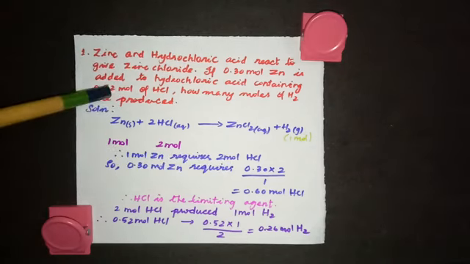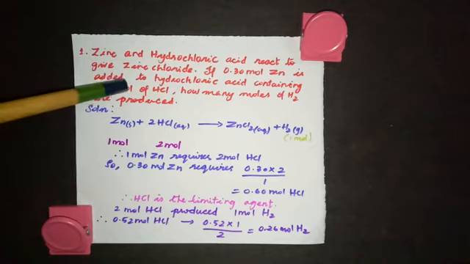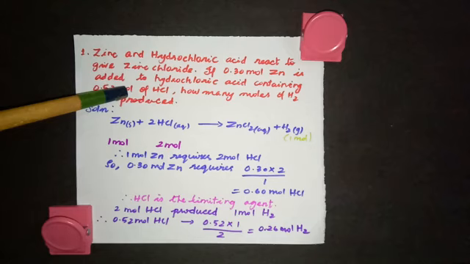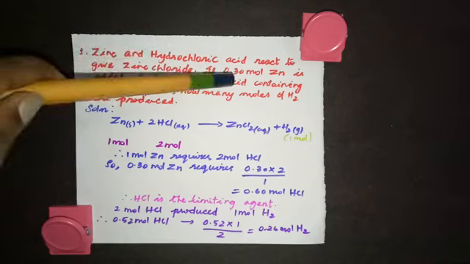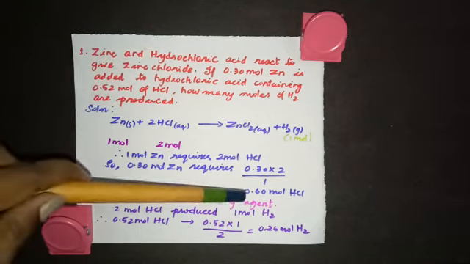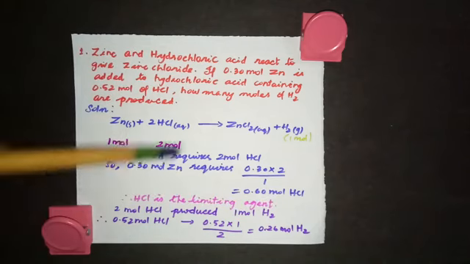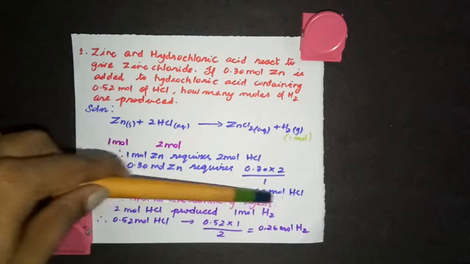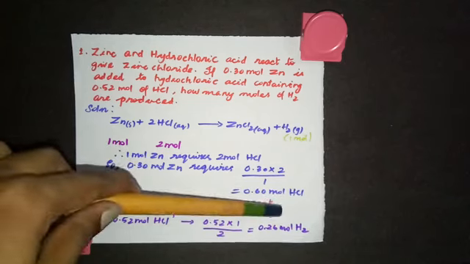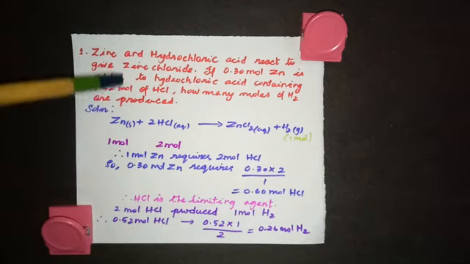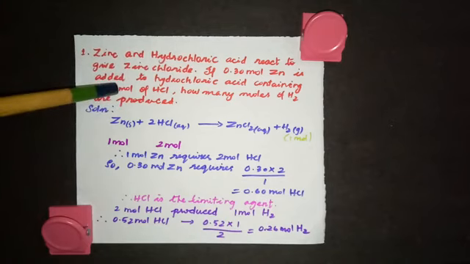If it is more, then this is not the limiting agent. When it is less, then that is the limiting agent. See here according to the equation, for 0.30 mole you need 0.60 mole of HCl, but what is given? 0.52 mole. So this is the limiting agent.